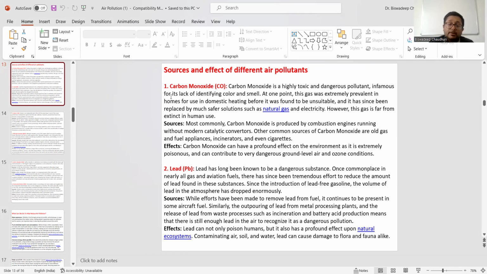So the government has now banned the use of lead as an additive. While lead was used in petroleum, lead is a very good lubricant. Due to its property, we used lead earlier as an additive of petrol, but it is restricted due to its negative effects on our environment and ecosystem.